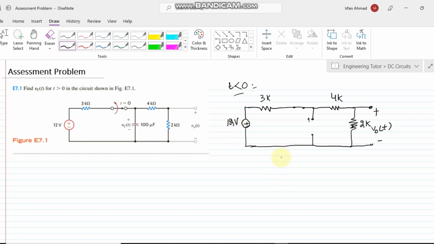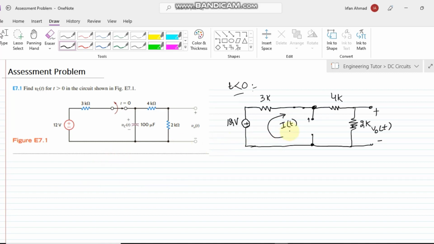Okay, so now what we have to do is analyze this circuit and find out the voltage at this point when the switch is not opened. In order to do it, we can use many analysis techniques which we have used so far. Let me use a very simplified technique, in which I denote the current here as I of t.